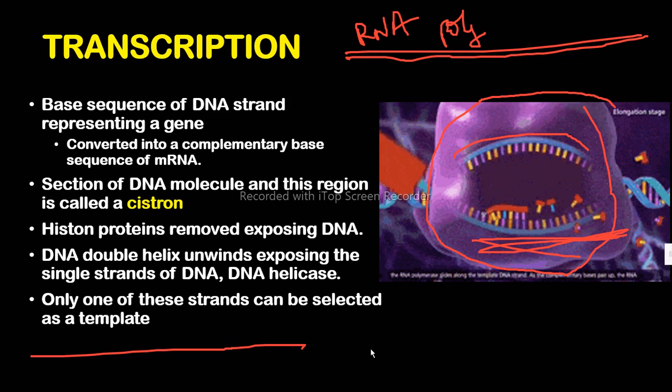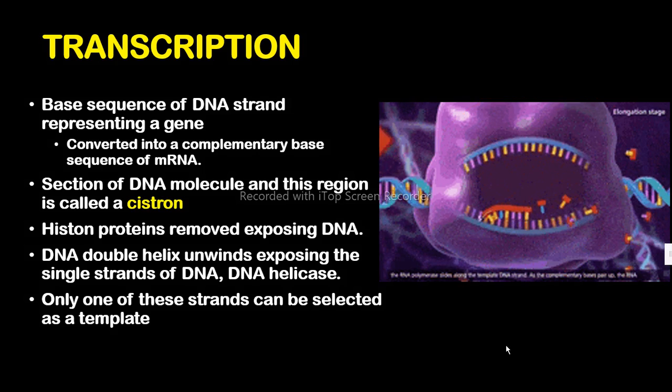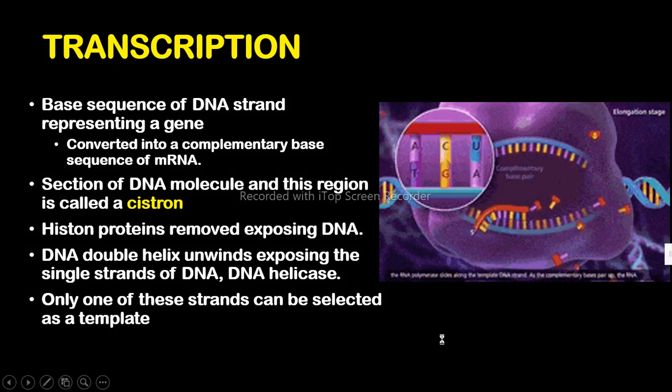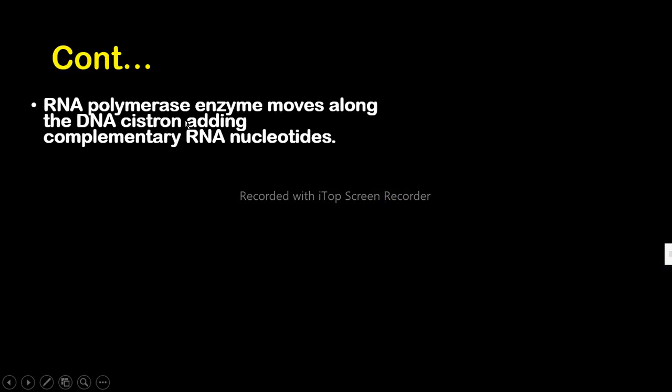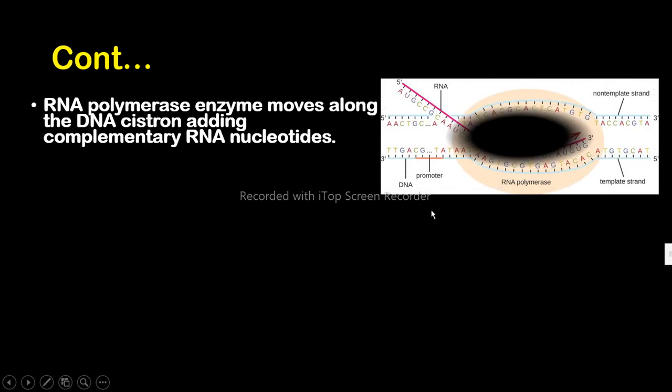And addition is complementary. Let's see how complementary it is. So RNA polymerase moves along the DNA cistron, adding complementary nucleotides together.